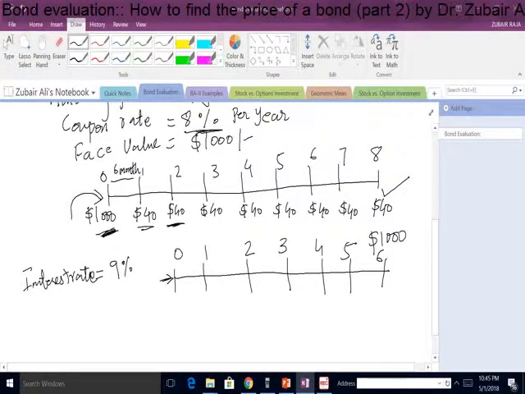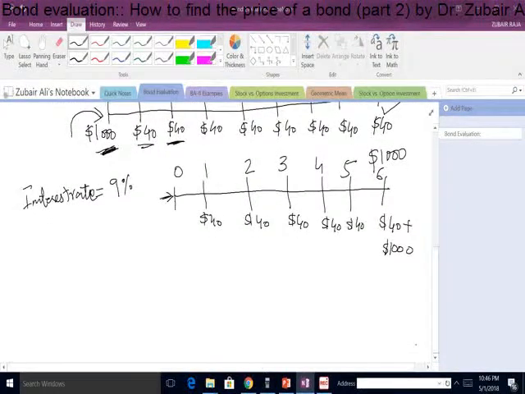9%. So remember, for the second buyer, or second investor of the bond, these $40 payments will remain the same. The interest payment will not change. So it will remain $40, $40, $40, $40, $40, and $40 plus the originally invested amount, which was the face value, right?